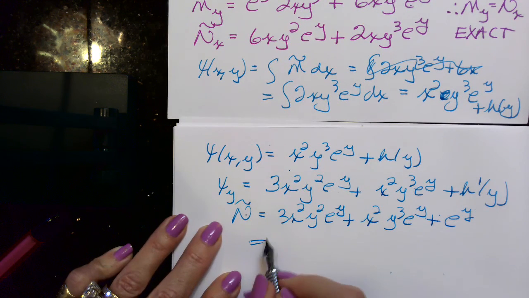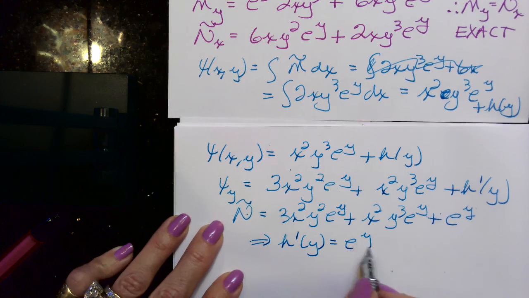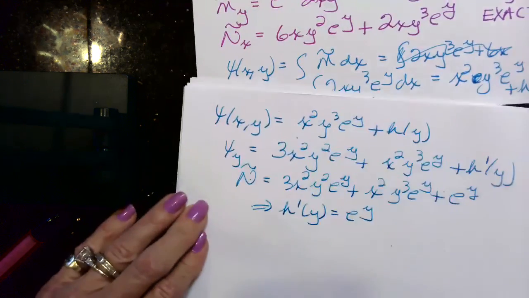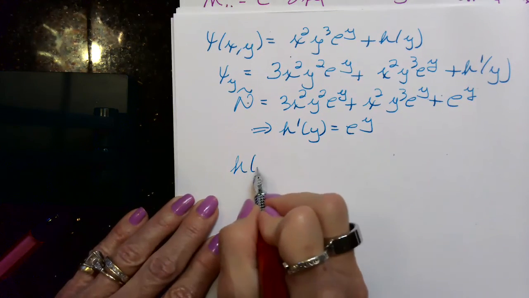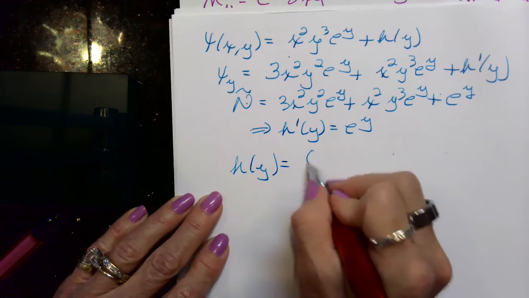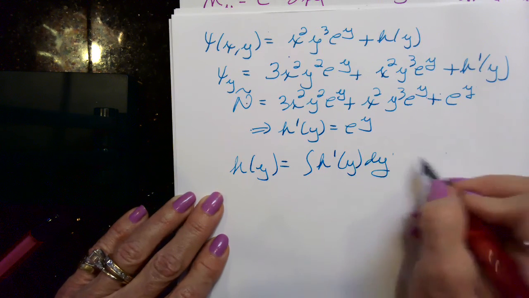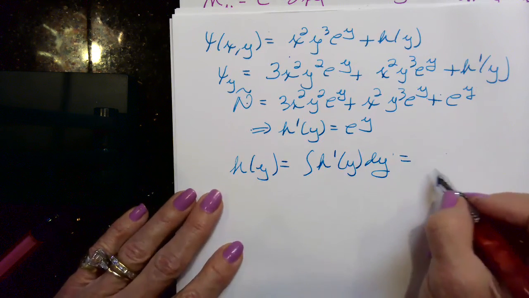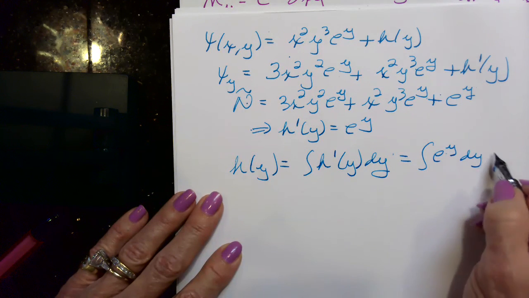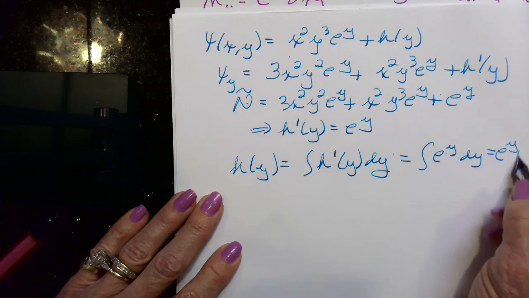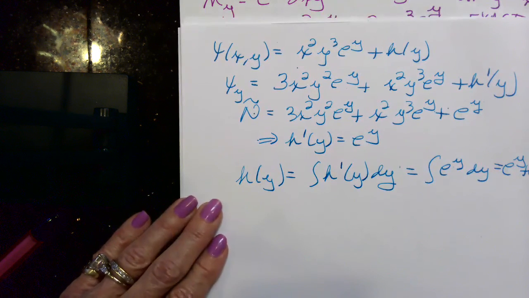So that tells me that h prime of y is e to the y. And so I get my function h of y by integrating h prime, which is integrating e to the y dy. So that gives me e to the y, and we can put the plus c or not, we'll lump it in with the psi at the end.